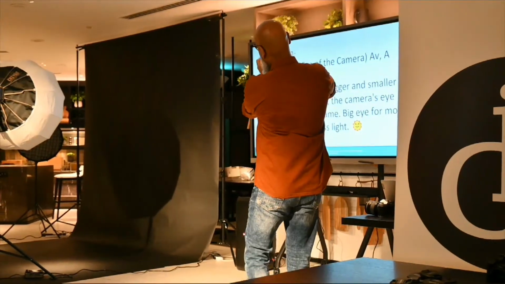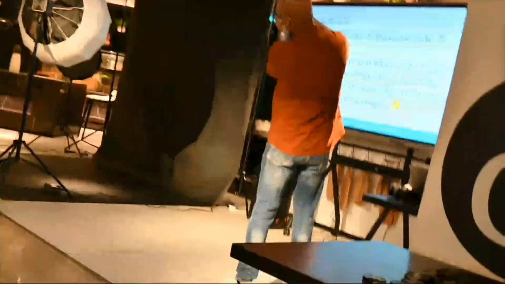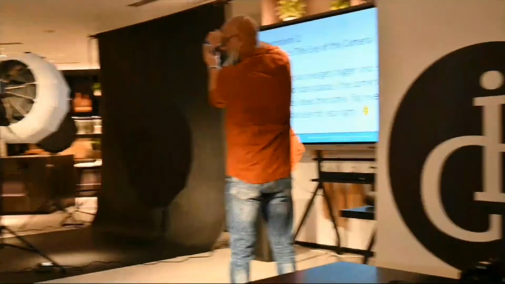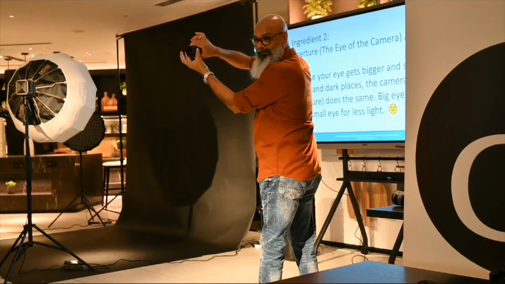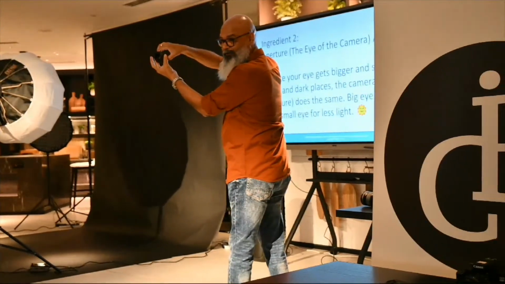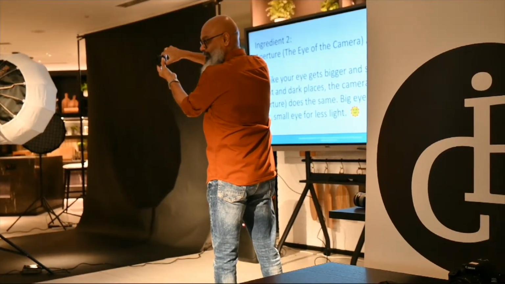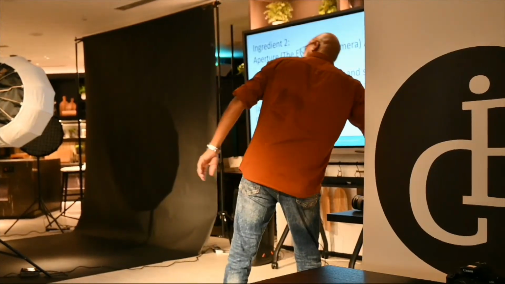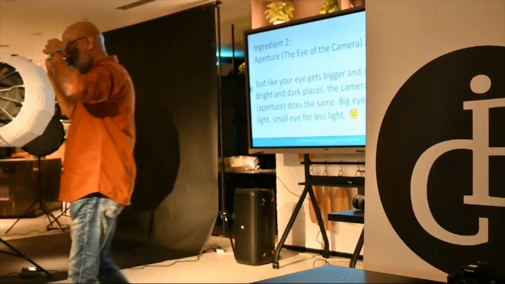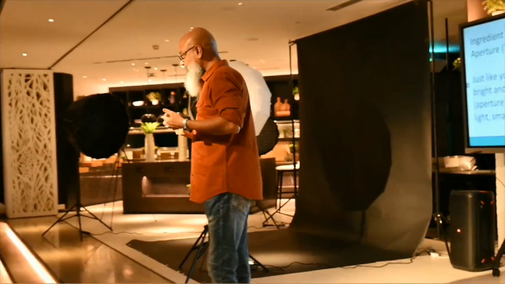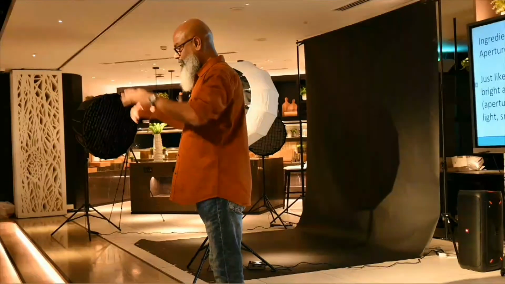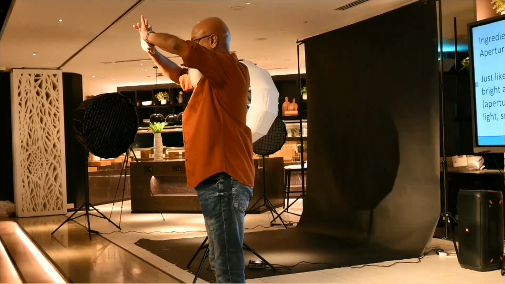So this is the eye of your camera, right? It's got a smaller opening as well as a bigger opening. We all have the same sort of mechanism in our eyes. It's the pupil.